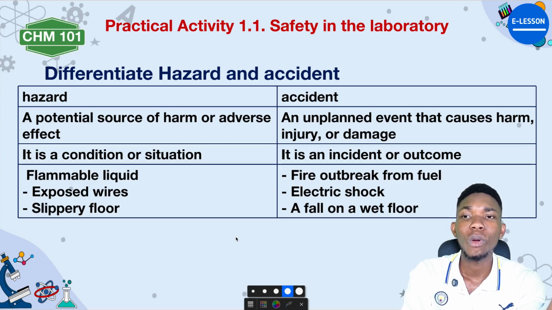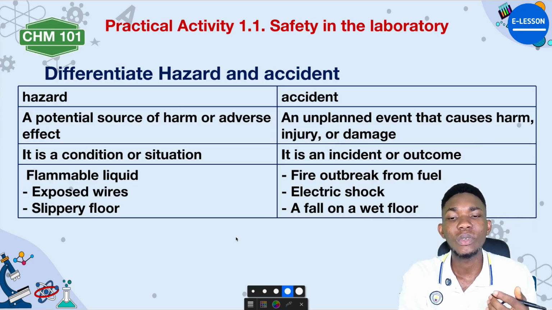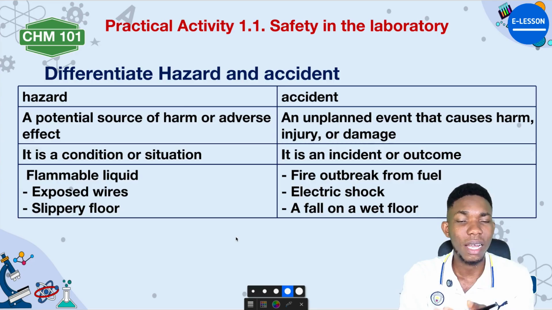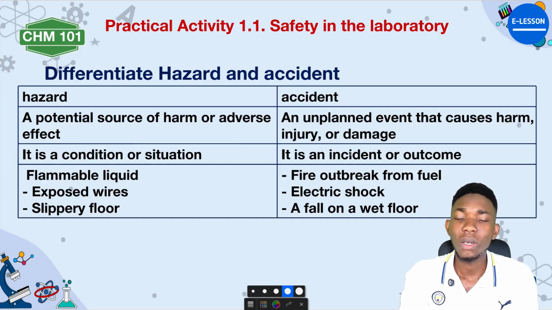But by the time you come and go shoot your leg on it, by that time, accident has occurred. So anything that has the potential to cause harm or adverse effect is a hazard. Then when it happens, it becomes what? An accident. So the hazard is a condition or a situation, while accident is the incident or the outcome.